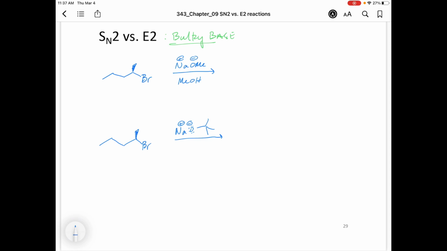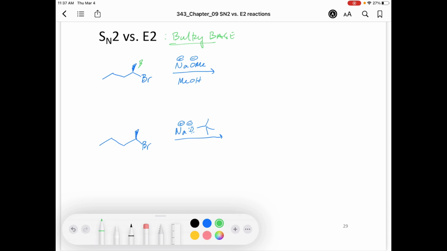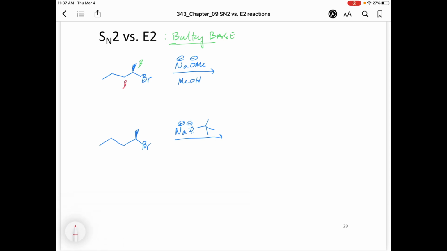Now, if we think about this E2 reaction, I want to look specifically at the E2 reaction and what we're expecting to get as products. Now, as you can see, there's 2 different beta carbons. So we're going to get 2 different alkenes here.